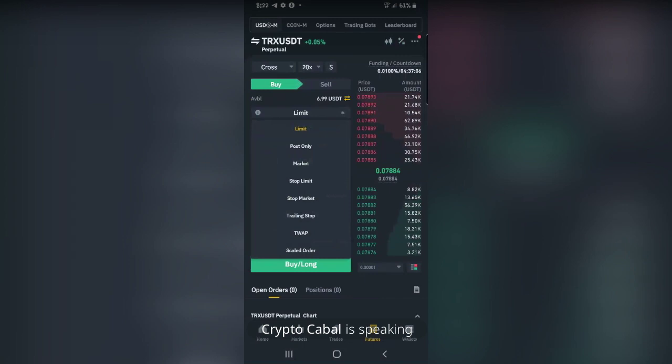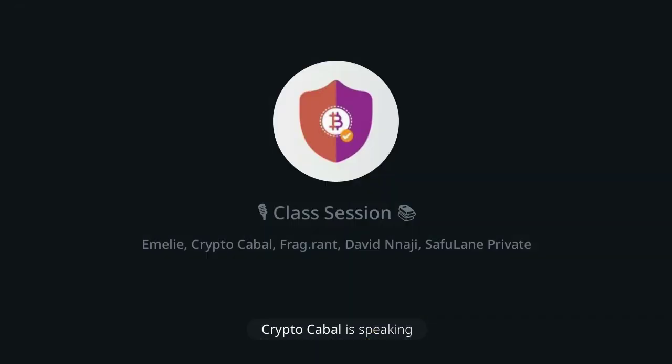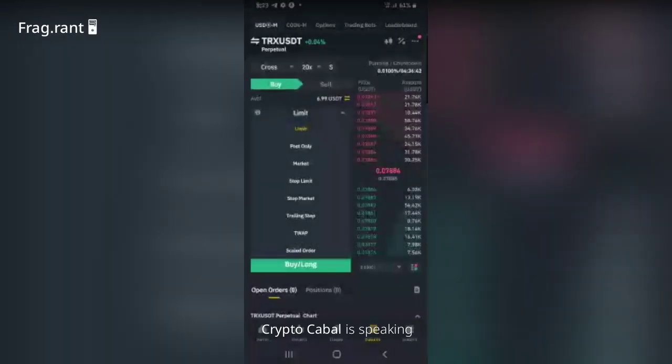Now, the limit is just saying you want to set an order down. Let's take, for example, the signals that were dropped on the SafuLane channel. You were given some particular price to buy from. Now, price has not actually gotten to that point. You are supposed to set that particular limit price down. When price gets to that point, then you'll be able to enter that trade.